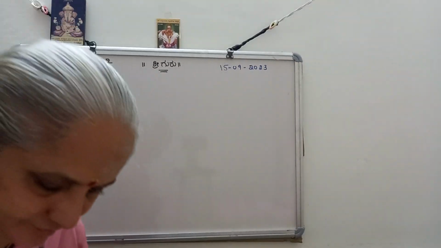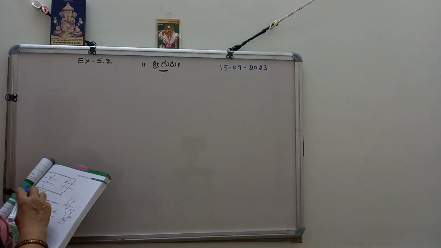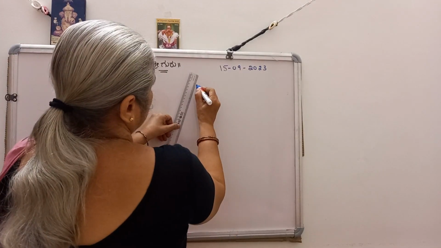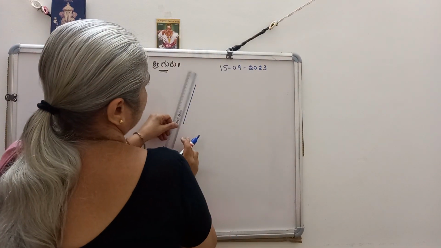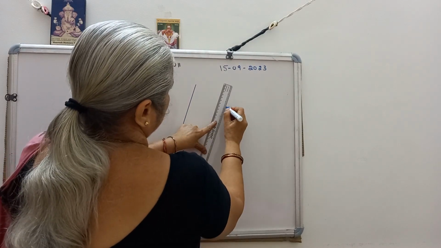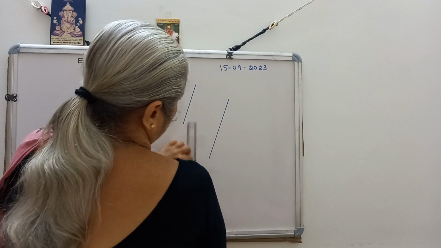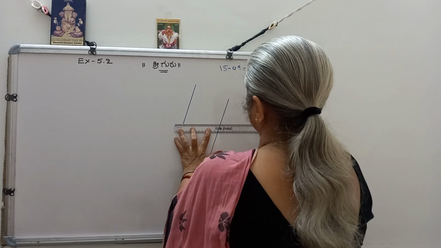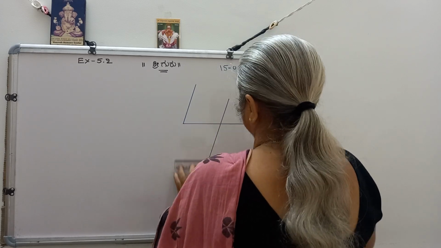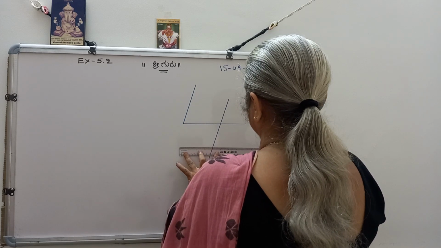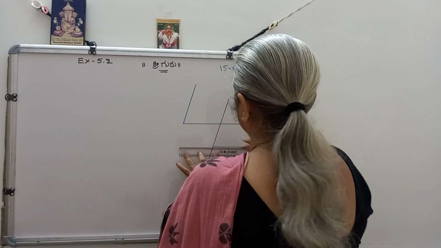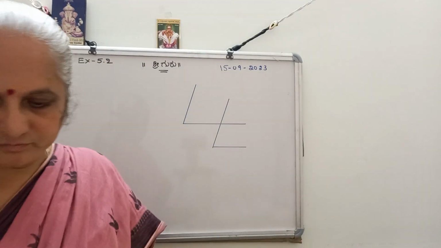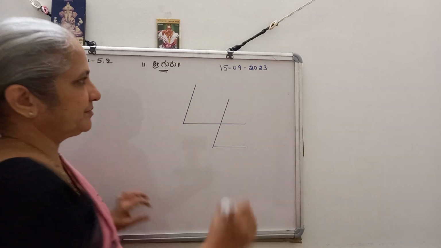Now the fifth one. In the adjoining figure, the arms of two angles are parallel. Here ABC.